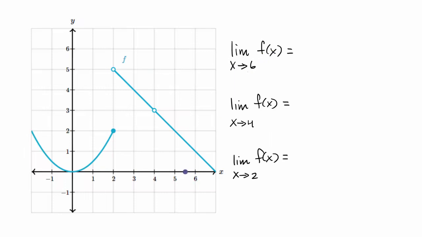As x approaches 6 from both sides, as we approach 6 from the left-hand side, from values less than 6, it looks like our f of x is approaching 1. And as we approach x equals 6 from the right-hand side, it looks like our f of x is once again approaching 1.